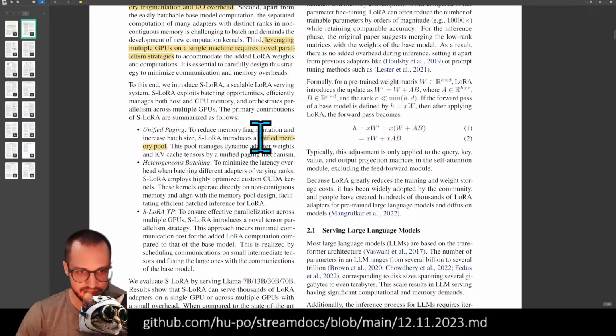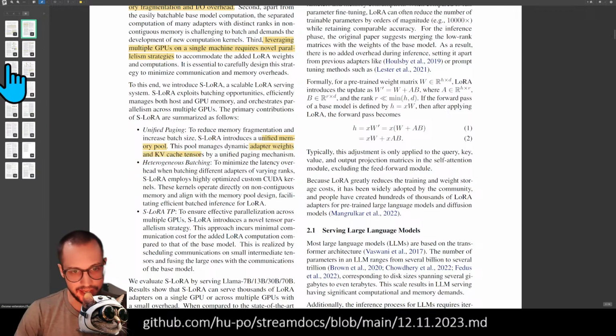They'll explain this a bit later down, but this pool manages dynamic adapter weights and KV cache tensors by using a unified paging mechanism. Just a sneak peek: they're going to end up using a shared memory pool for both the KV cache and the adapter weights, right?